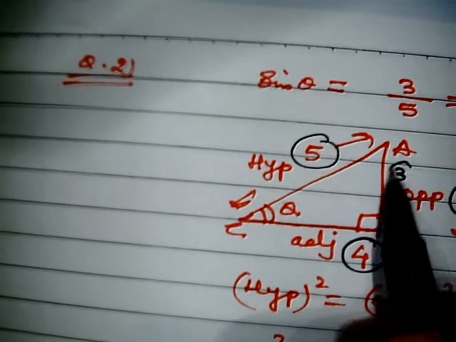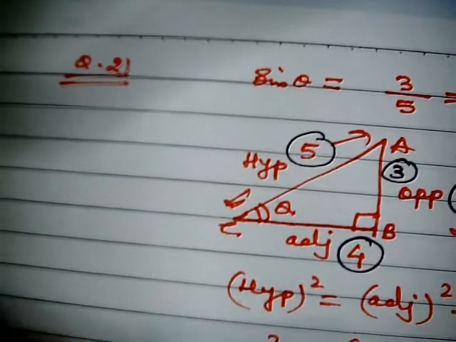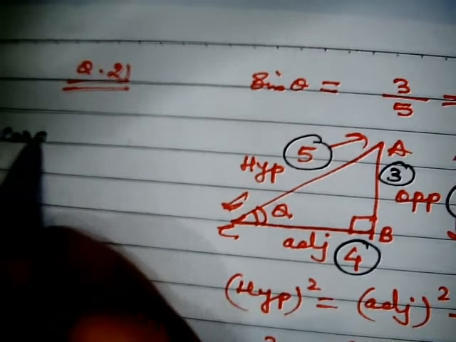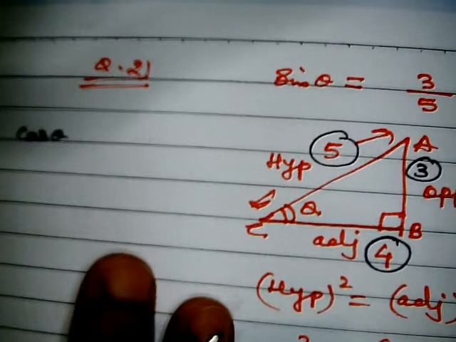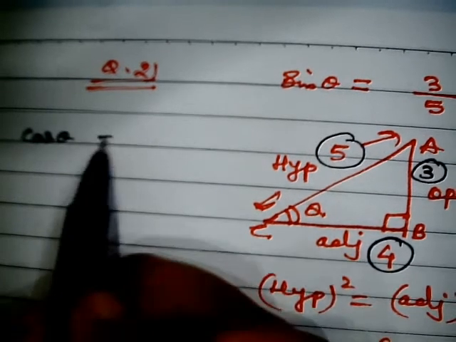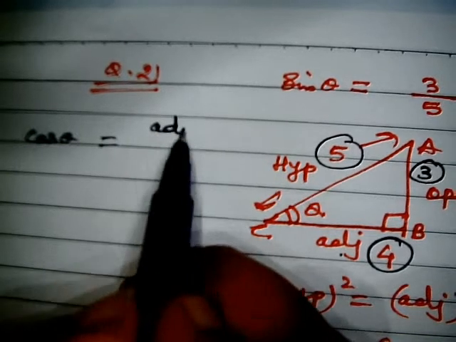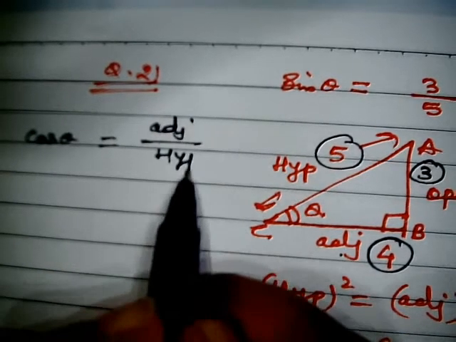Sine is already given, so I need to start with cos. What is cos? Cos is adjacent upon hypotenuse. I am going to write the formula first, adjacent upon hypotenuse, that you need to learn. Adjacent is 4 upon 5.